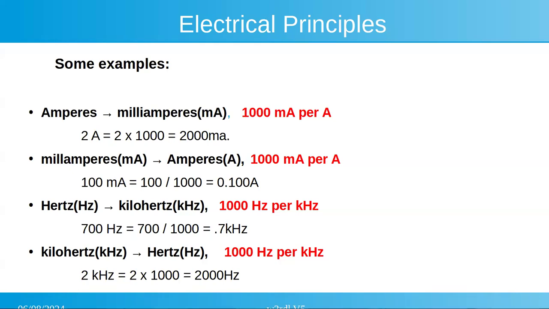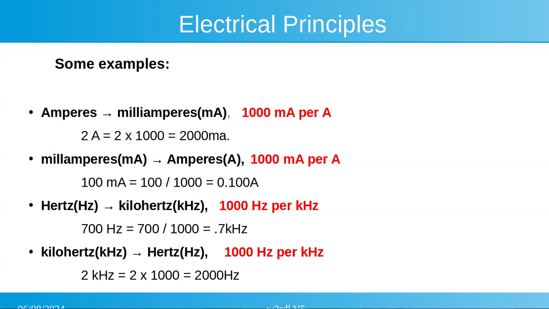Now, a lot of people try to remember which way you shift the decimal point when you're going back and forth. To me, that's more confusing. Just remembering what the conversion rate is easier for me. But, whatever helps.